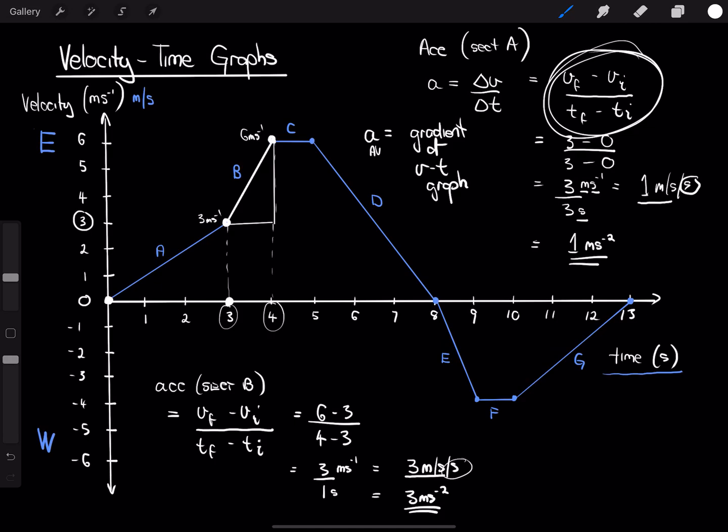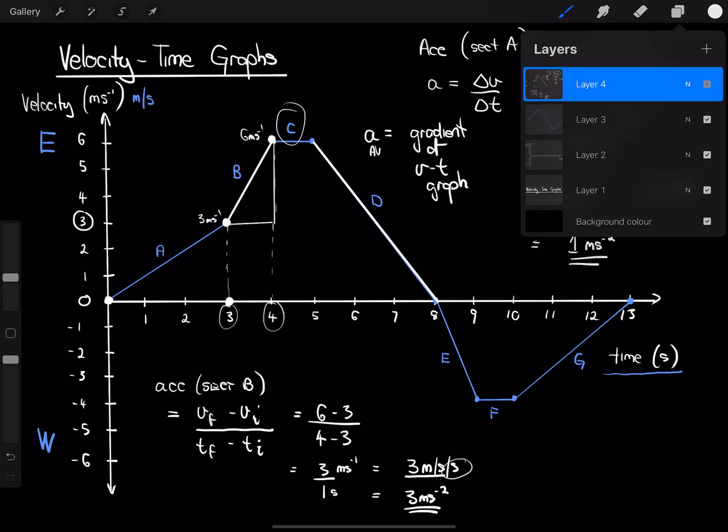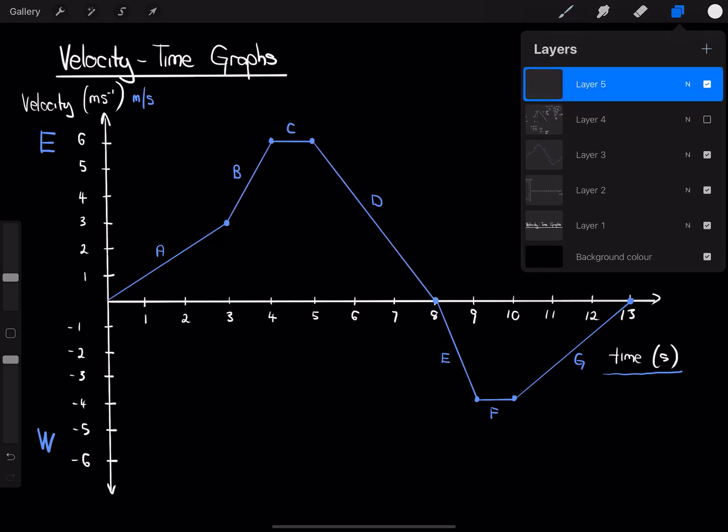Let's have a look at section D. Now remember, we said in section C that the acceleration is 0 because the gradient is 0. So in section D, I will clear that and create a new thing.